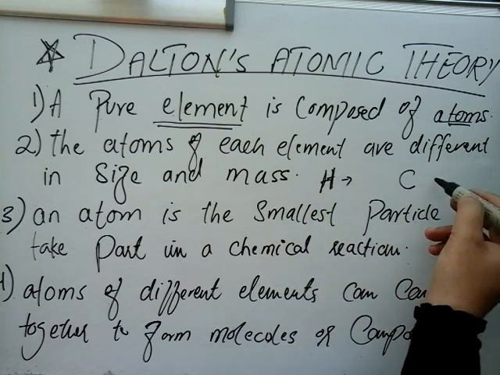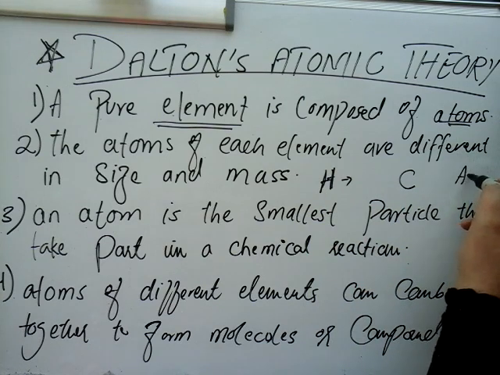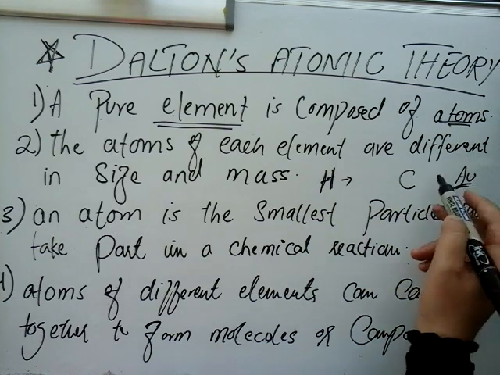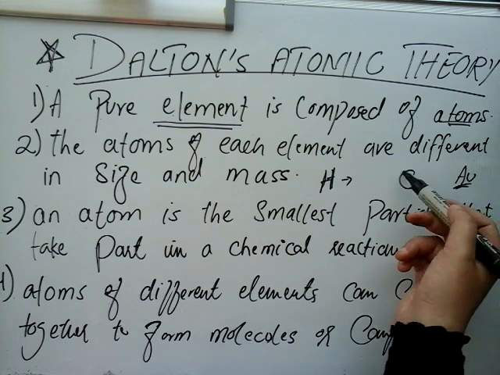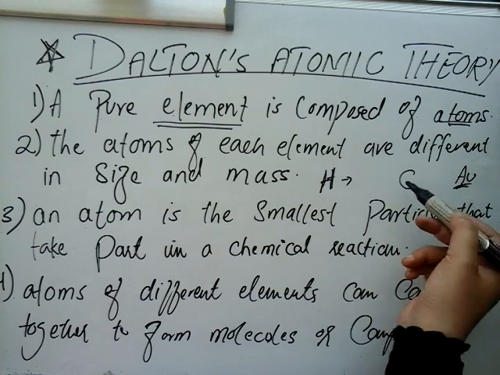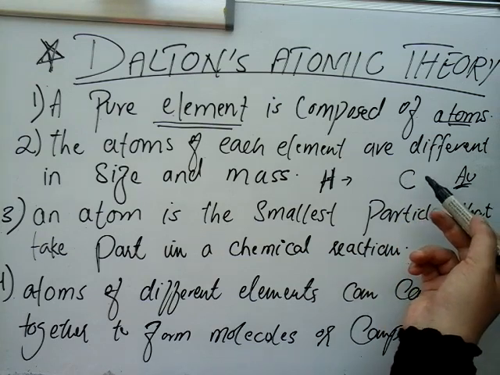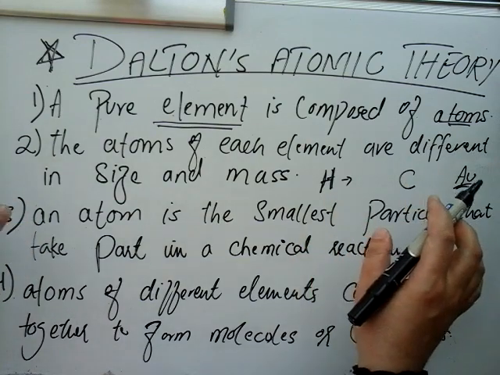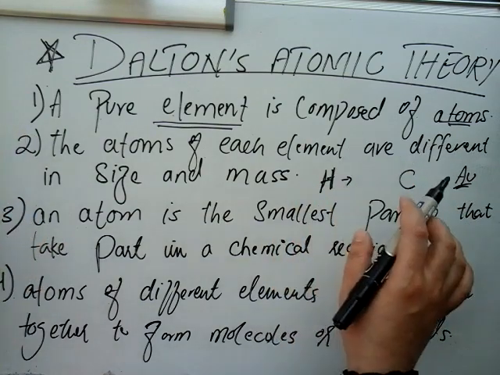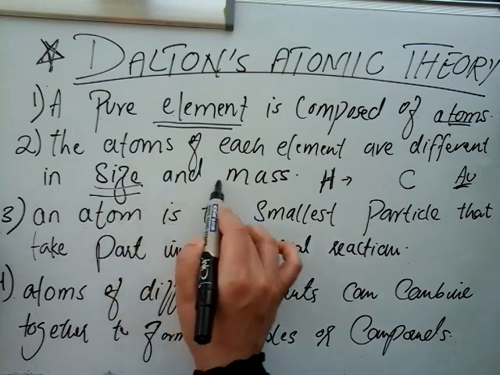So if we compare carbon with gold, symbol Au, the atoms of the gold will have greater mass as compared to the carbon. So we will say that carbon atoms are lighter as compared to gold. So atoms of each element, they are different in size and mass.